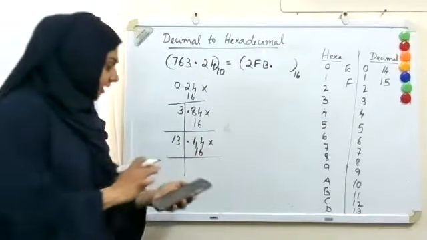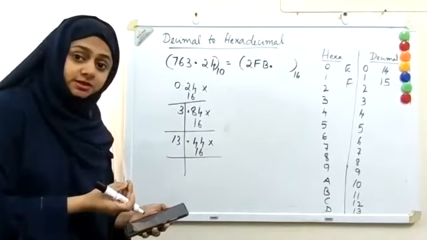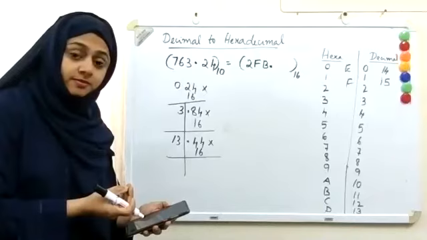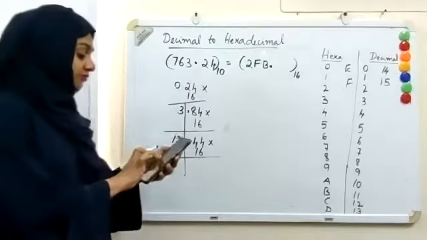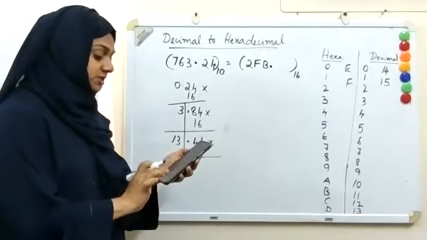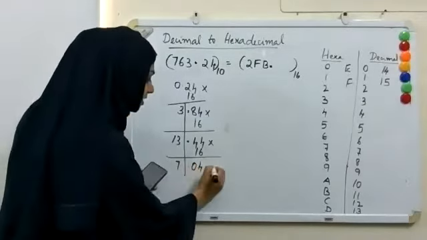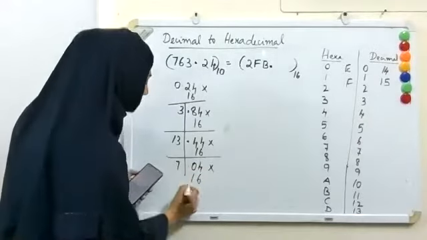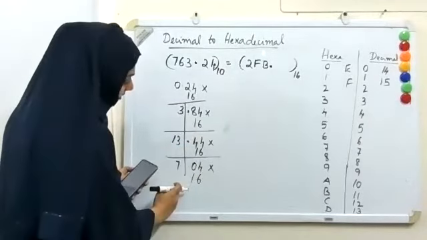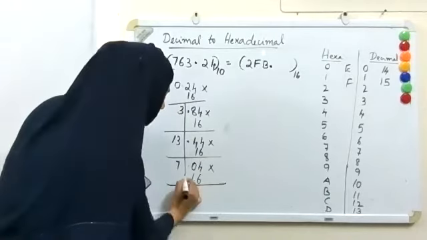Again multiply with 16. Okay. So again when you multiply, with what will you multiply 16? 0.44. Yes. You have to multiply it with 0.44 into 16. So you will get 7.04. Again multiply with 16. There are 3 decimal points. I will take one more. Okay.